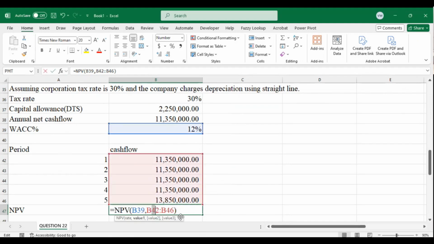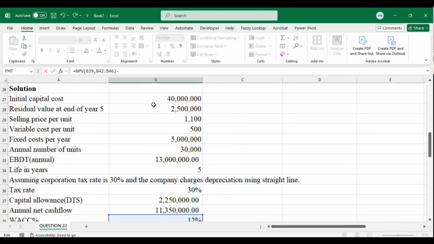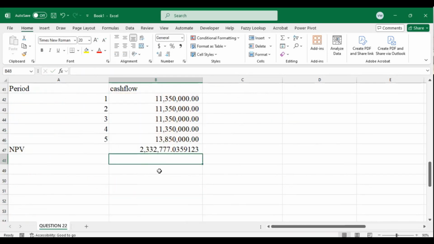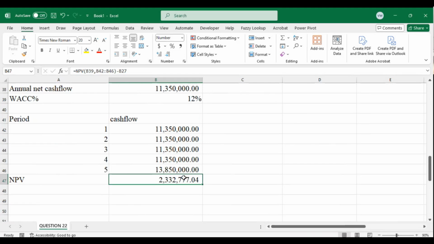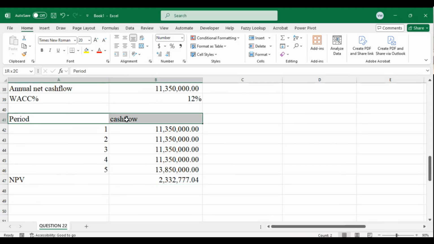Then later on, I'll click on this formula and come back and say minus the initial cost of 40 million. That is still okay. So it has very many decimal places, so I can decrease the decimal places. Maybe I can have it to that. So this is how we get our NPV.